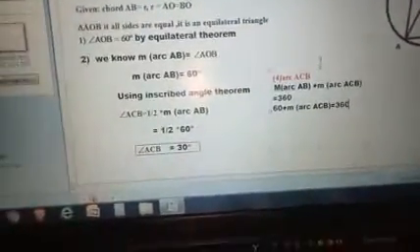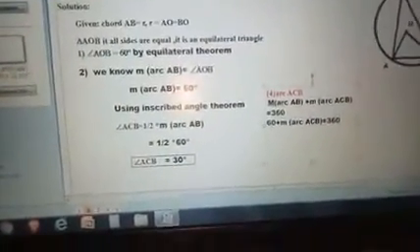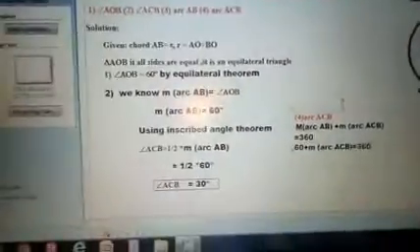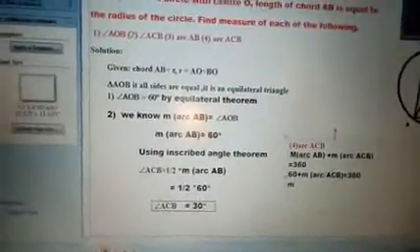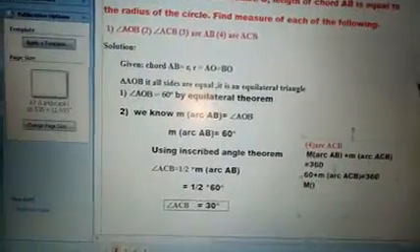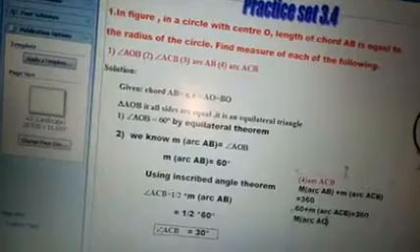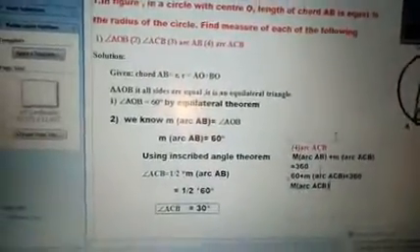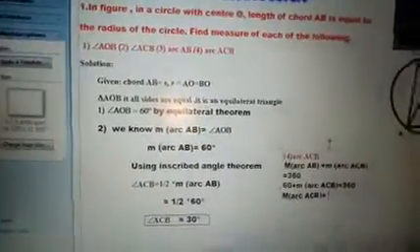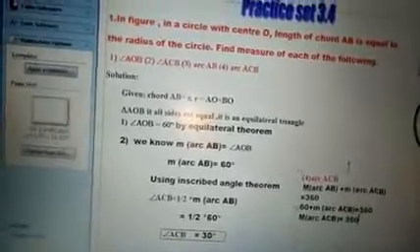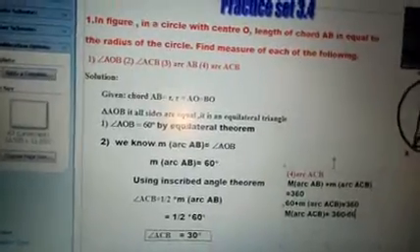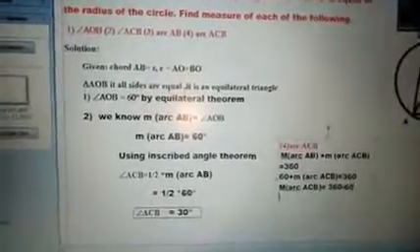After that, on the left hand side there is positive 60. Positive 60 goes to the other side as minus. Then remains measure of arc ACB is equal to 360 minus 60. How much will it become?